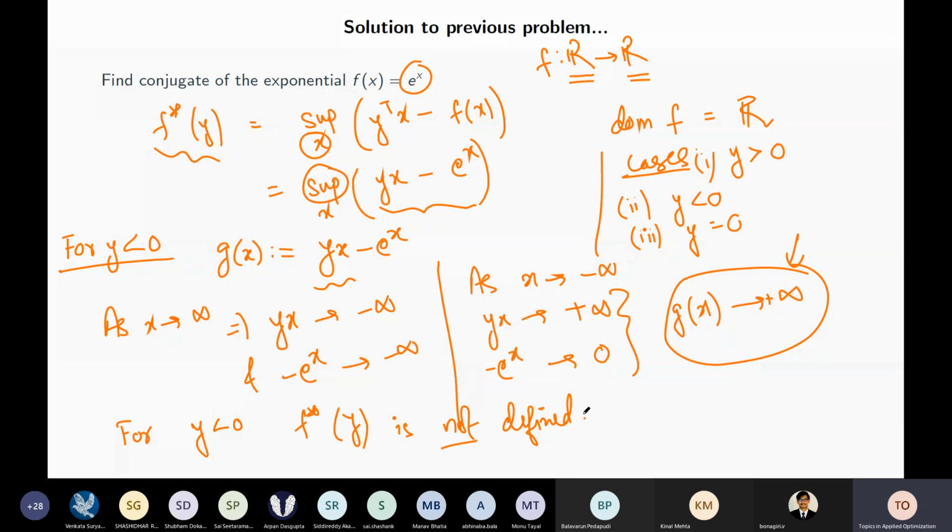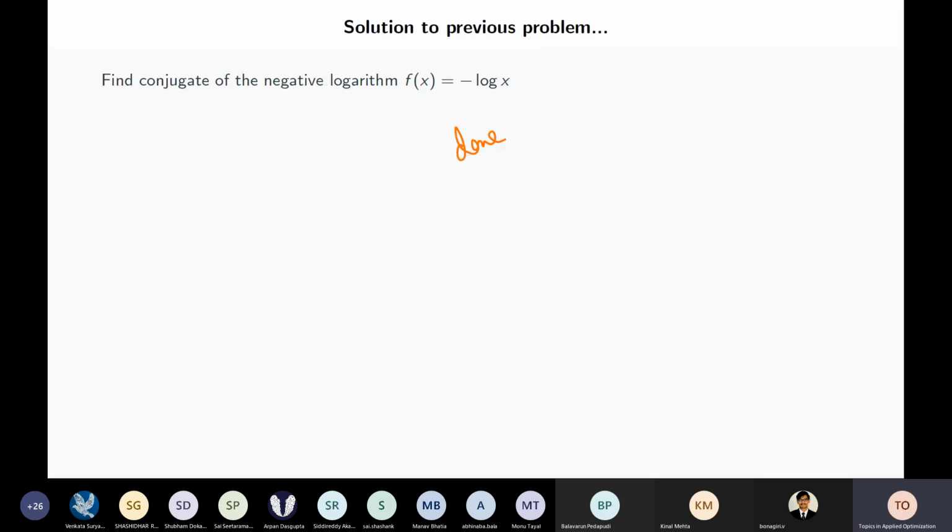Now we consider the case where y is greater than 0. So if y is greater than 0, what do we have? I think what I will do is, I will use the space from here.